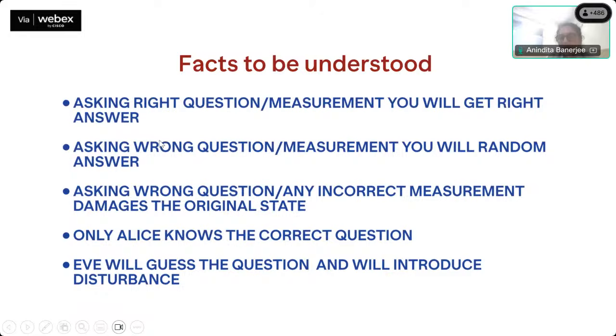Okay, so you will get half the times correct and half the times you'll get errors. Since Alice only knows the correct question, during the error correction step, they share information, and the bits which they share, they always discard. They don't incorporate those in the keys.